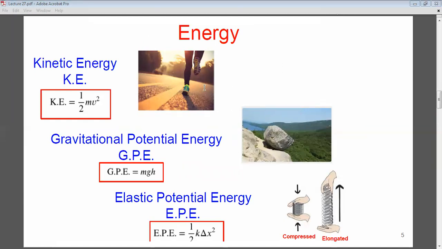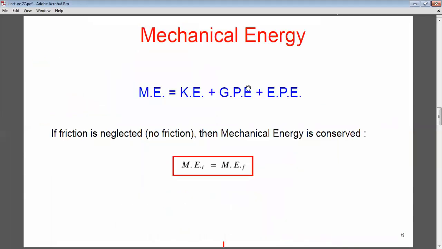So in this special example, mechanical energy is only GPE, gravitational potential energy. For this lady here who is running, there is no rubber band, there is no spring, there is no altitude. She's running on a horizontal surface. So mechanical energy will be kinetic energy because she's moving with a speed v. So sometimes the mechanical energy is only one form of energy, or two forms, or three forms. Whatever forms of energy exist, we will add them up to give me mechanical energy.